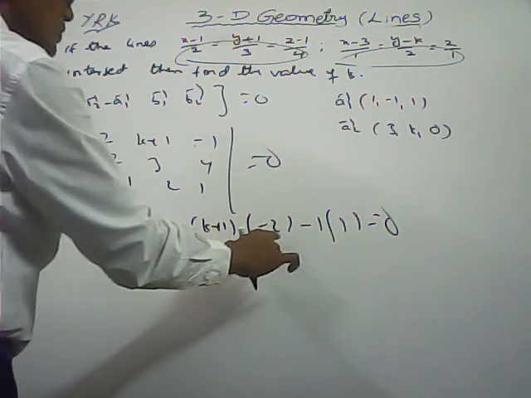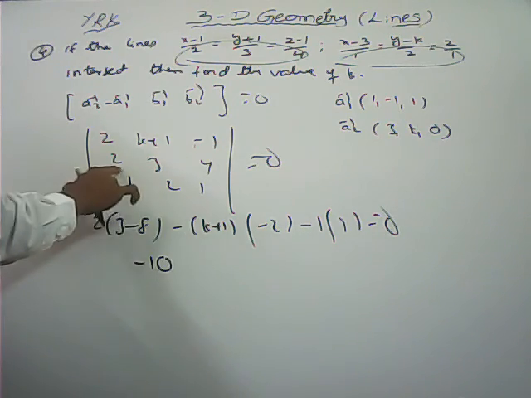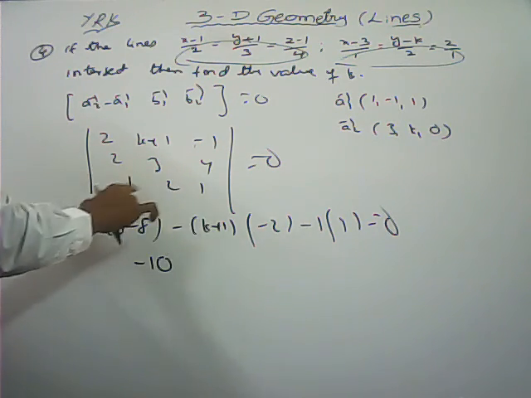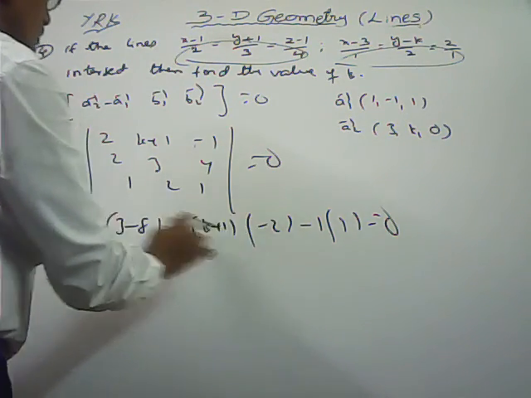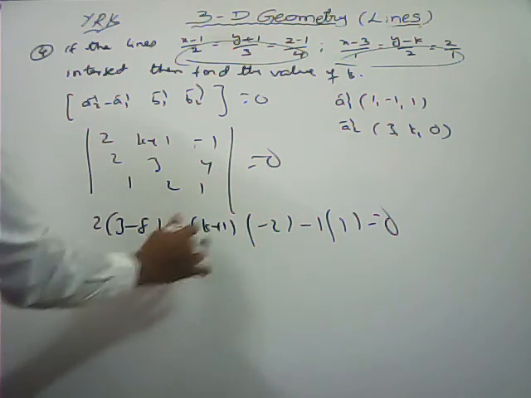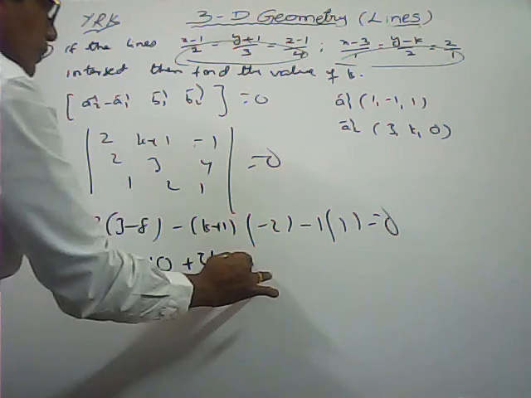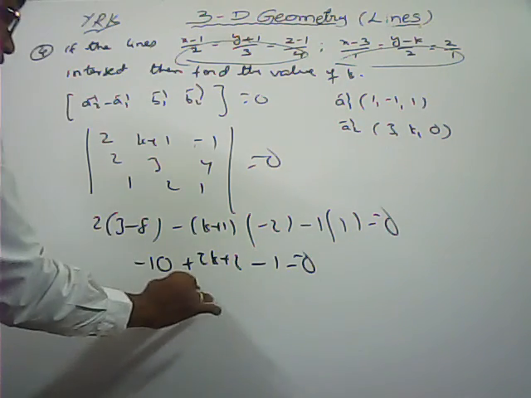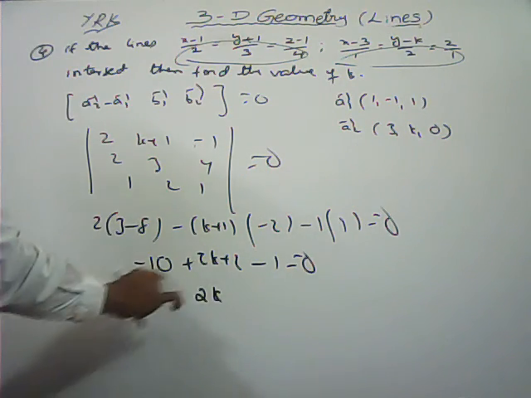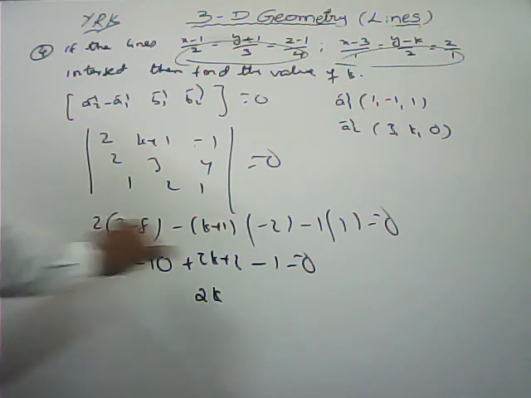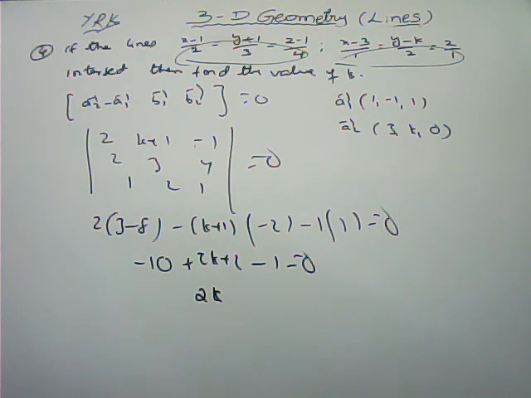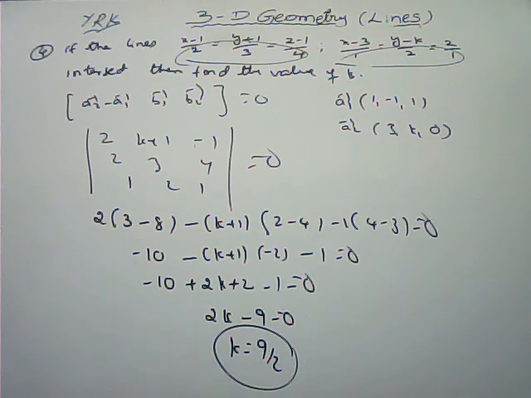Here minus 2 into minus 4, sorry, 2 minus 4 minus 2 plus 2k plus 2, minus 1, that is equal to 0. Here minus 10. Something is missing, I think. So here we got k is equal to 9 by 2.